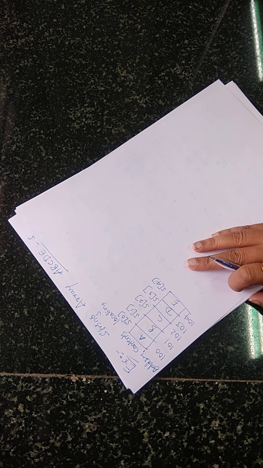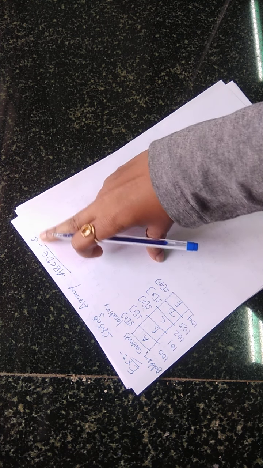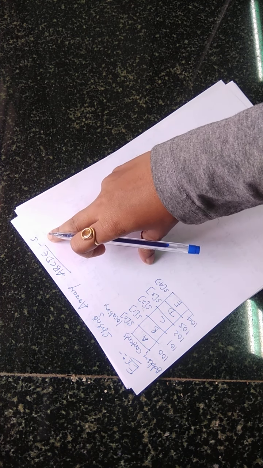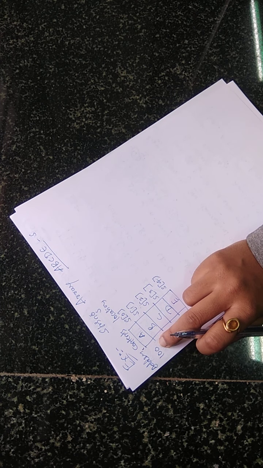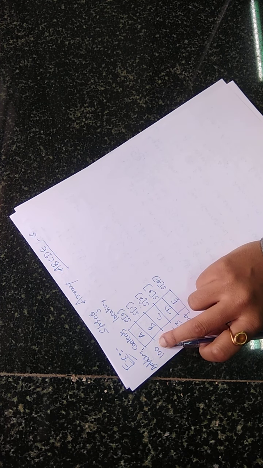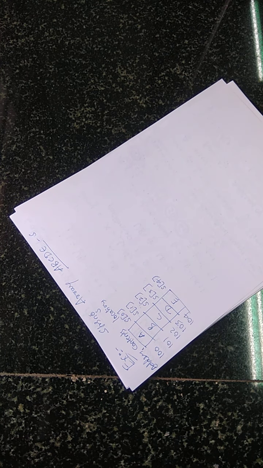The question is: your string S stores the elements A, B, C, D, E, starting with memory address 100, and we have to find the address of the fourth element.